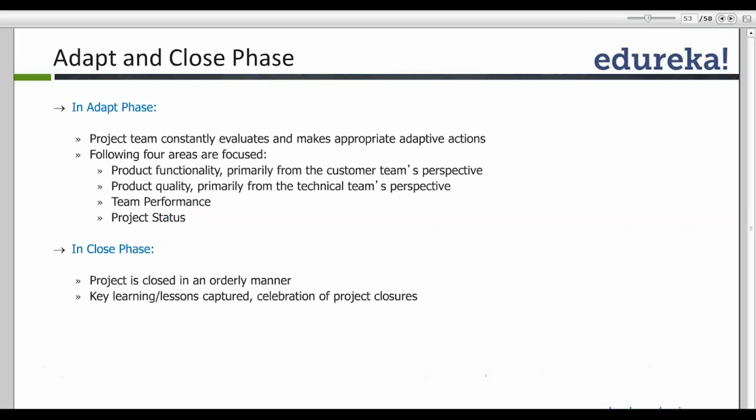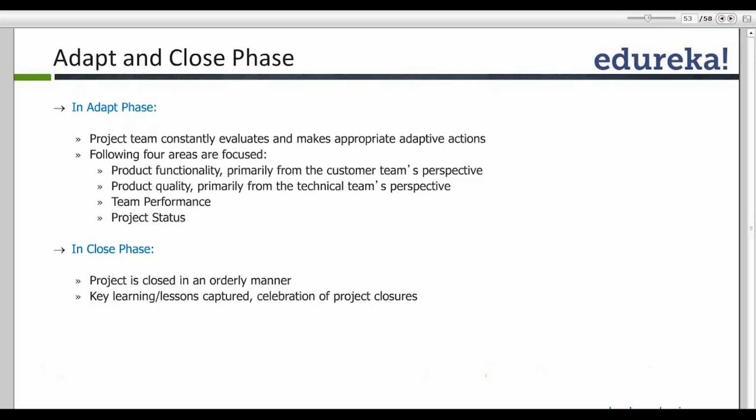In the adapt and close phase, the team constantly evaluates the work being done and tries to improve it. They deliver the work and ratify whether the work delivered is right from the customer's perspective, they inspect the quality of the work, and they also measure the team performance and the project status.